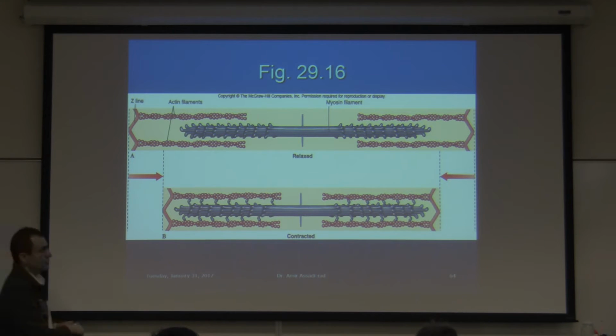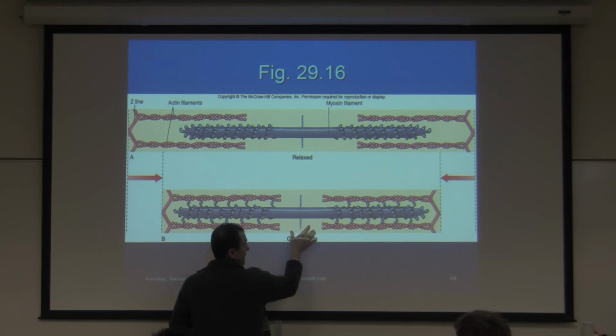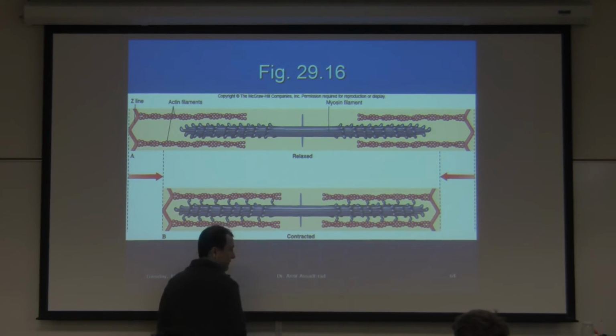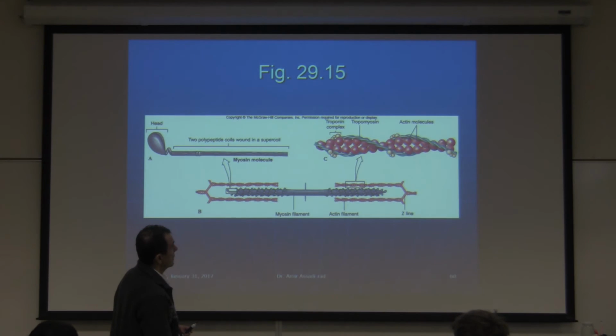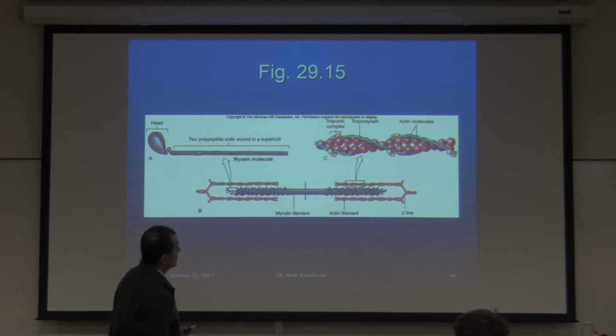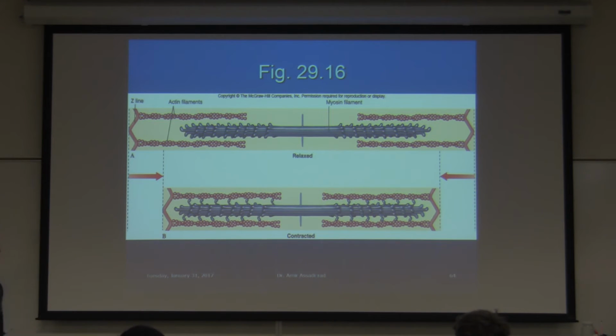And then what happens to the H zone? Where there is only what? Did I give you that? I guess I didn't give you that. Sorry about that. It's called the H zone, where there is only myosin.